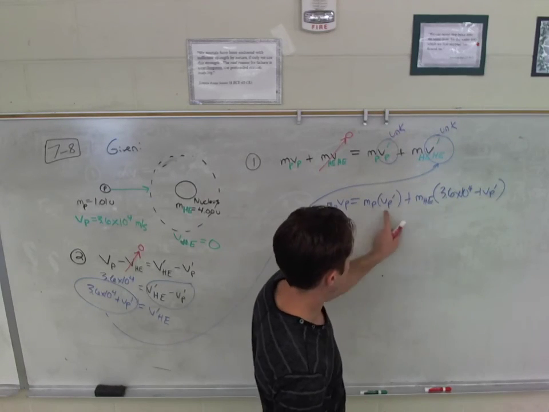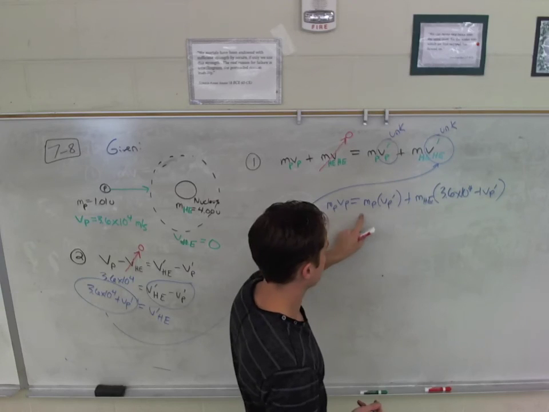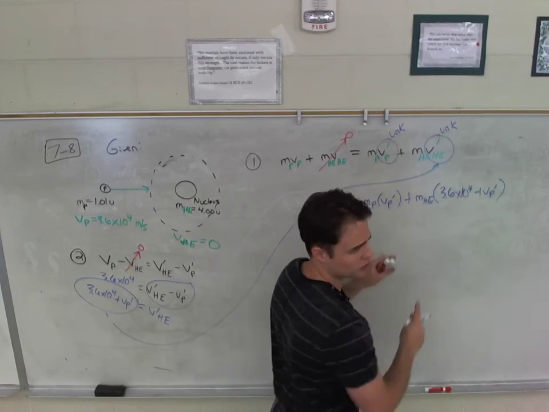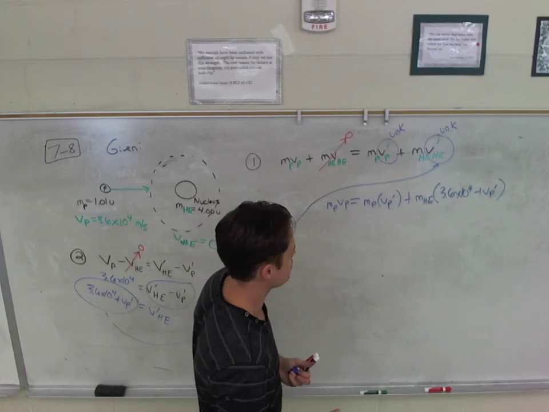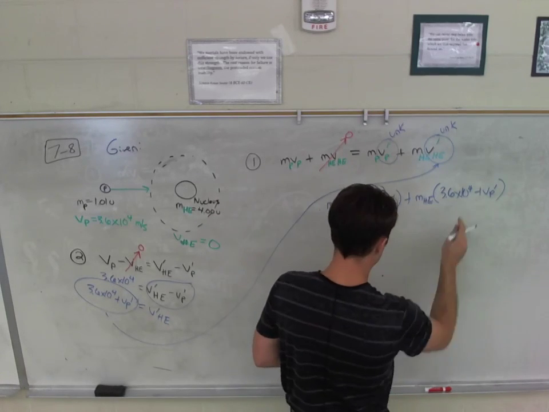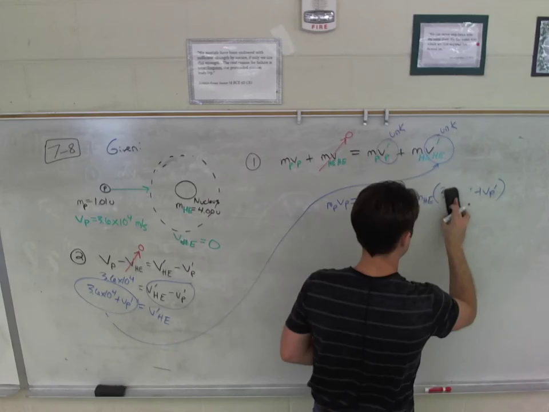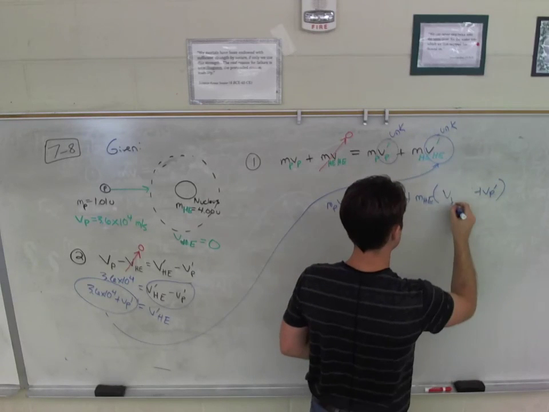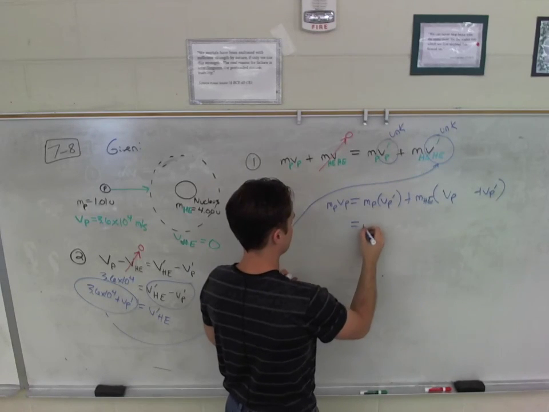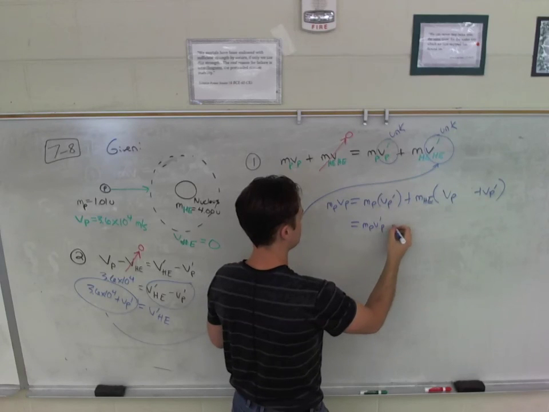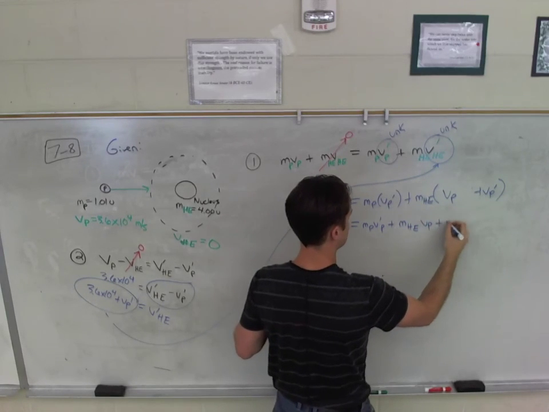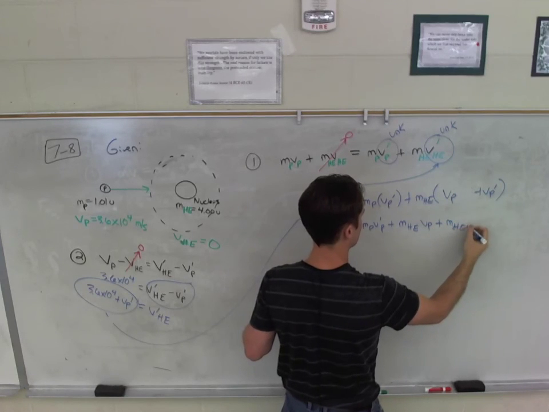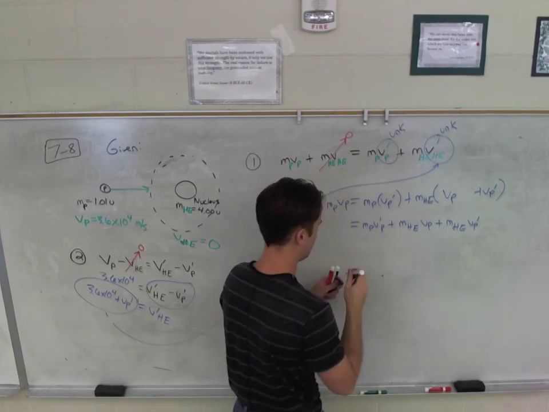So how many unknowns do I have in here? I've just got one. It's right here. So what do I have to do to get it? I need to move stuff away from it. See that number? It just makes it ugly. That's just VP, right? So what do we have here? We have MP VP prime plus the mass of the helium times the velocity plus the mass of the helium times the velocity prime.